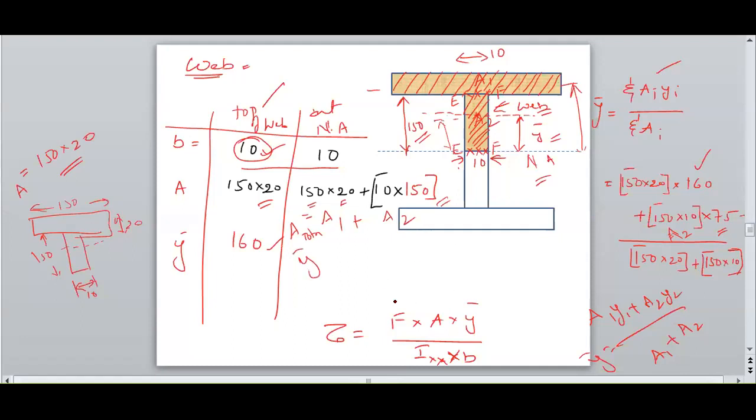Next, substituting the values of area, Y bar, Ixx and b, I will get the shear stress at the top of the web as well as the shear stress at the neutral axis.